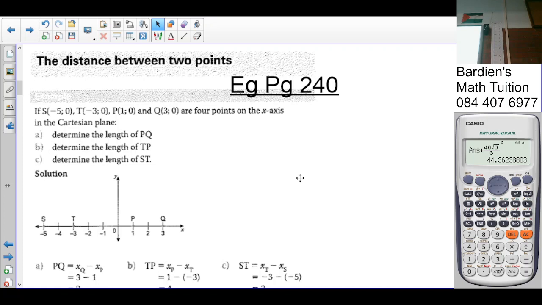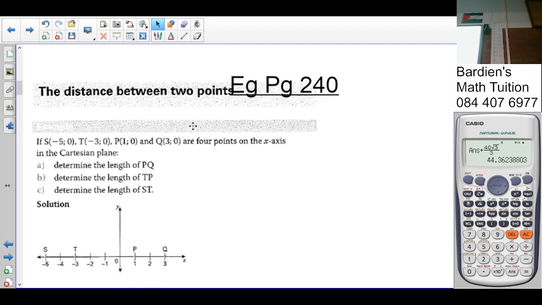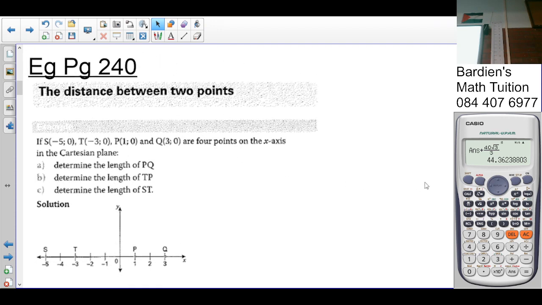My idea was not to have the solution here, but there we go. The question says, determine the length of PQ.